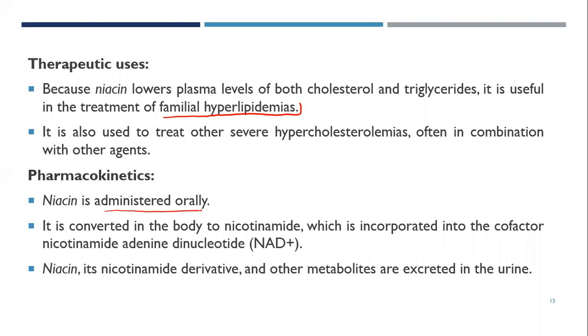It is administered orally, converted in the body to nicotinamide, which is incorporated into the cofactor nicotinamide adenine dinucleotide. So you know about this NAD plus, NADH, that nicotinamide. Niacin, its nicotinamide derivative and other metabolites are excreted in urine.